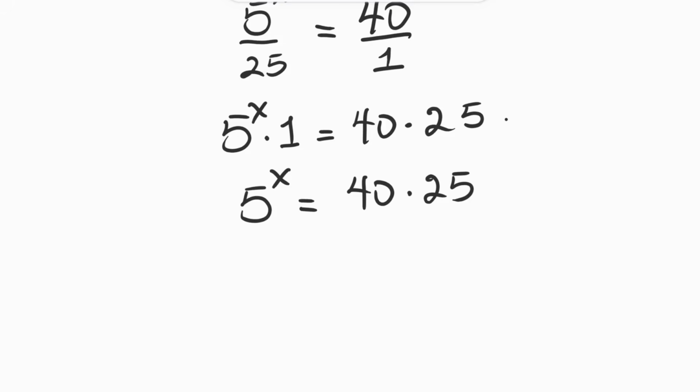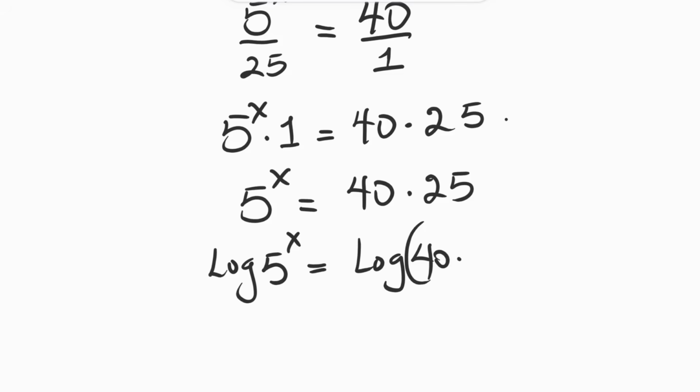Now this is 5 raised to the power x equals 40 times 25. Now to find the value of x from here, we apply log to both sides. Right, so now we have log of 5 raised to the power x equals log of 40 times 25.